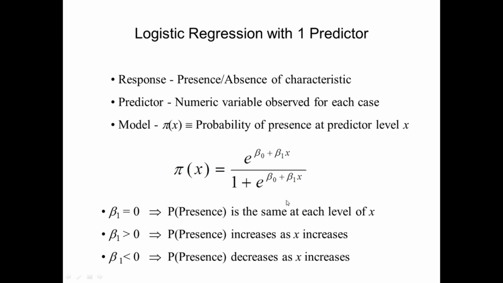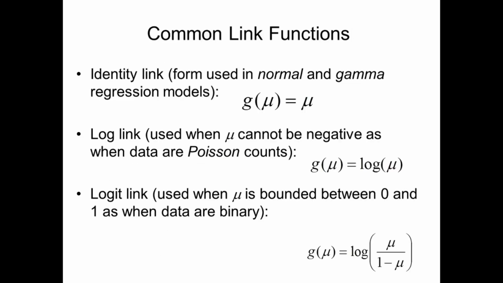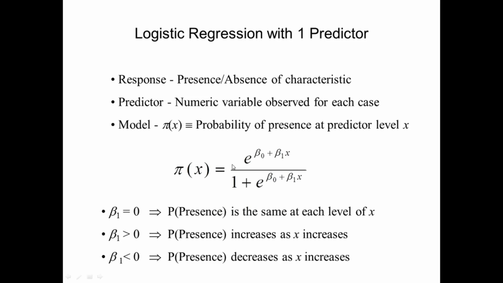When we apply this link function to our probability, the transformation leads to the linear representation of our probabilities.